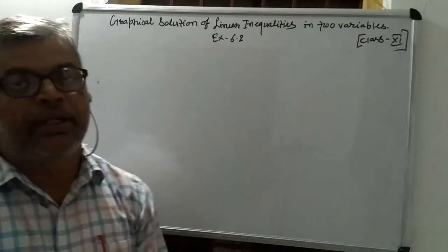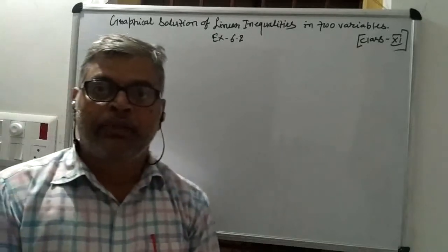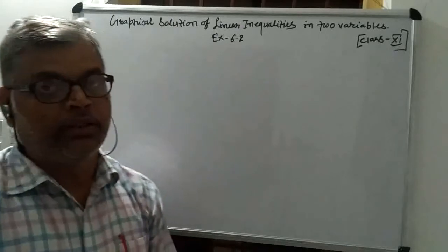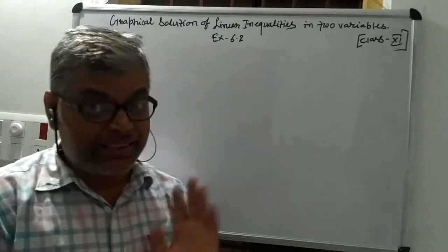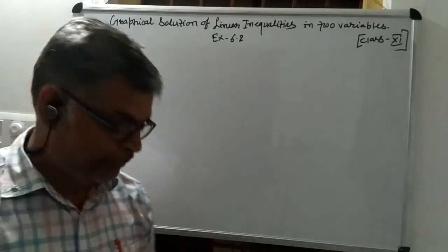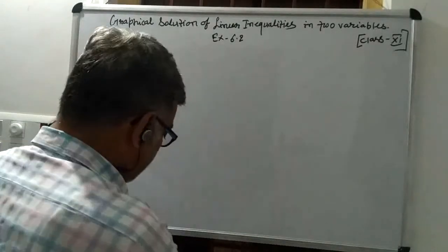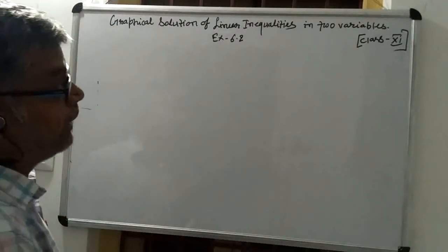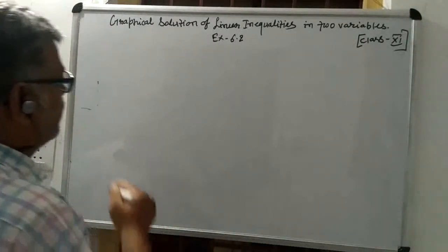In the first exercise, you saw that the questions involved only one variable. But in this exercise, questions will contain two variables like this. So let us understand the graphical solution of linear inequalities in two variables.